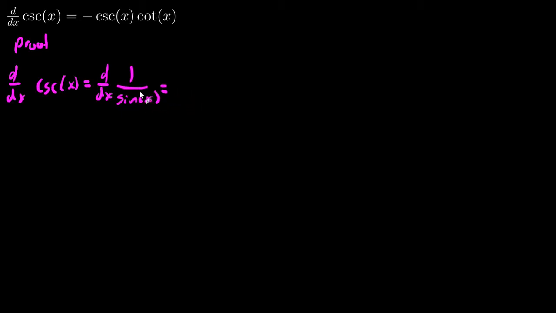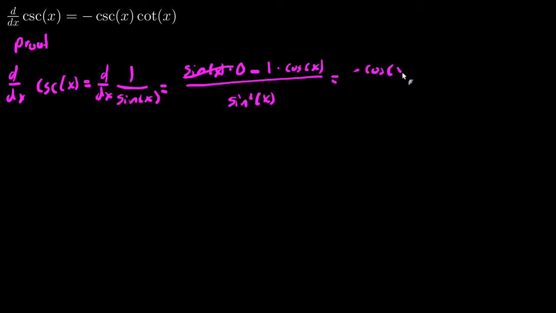Now I can use quotient rule. So the quotient rule says I will do the bottom function, sine of x, times the derivative of the top function, times 0, minus the top function, times the derivative of the bottom function, which is cosine of x, all over the bottom function squared. And in here, sine of x times 0 is 0. Negative 1 times cosine x is negative cosine of x. And I'll be smarter this time.